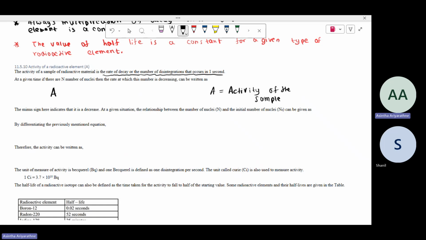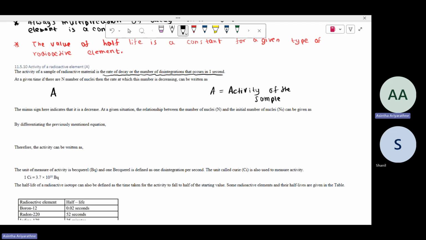If this value, activity, is higher, that sample is decaying very rapidly. So the rate of decay or rate of disintegration of that sample is high.